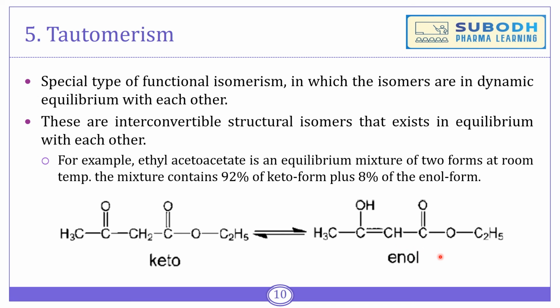When you see the structures, in both the structures, the arrangement of atoms and bonds is different, but both these compounds are same, that is ethyl acetoacetate. But the structural forms of this compound are different. The first structure is called keto form and the second structure is called enol form.